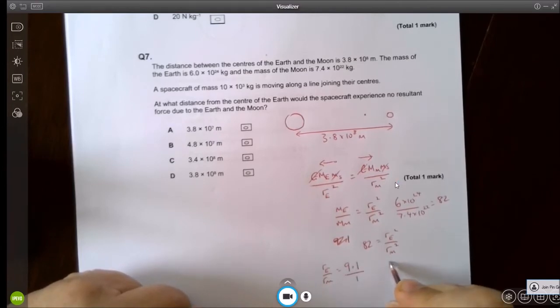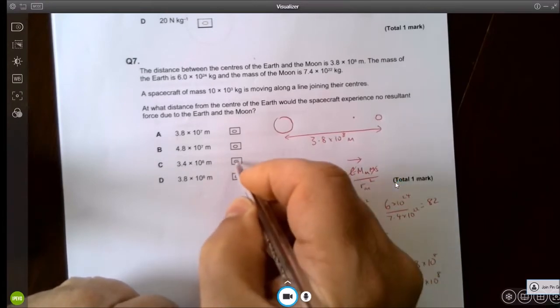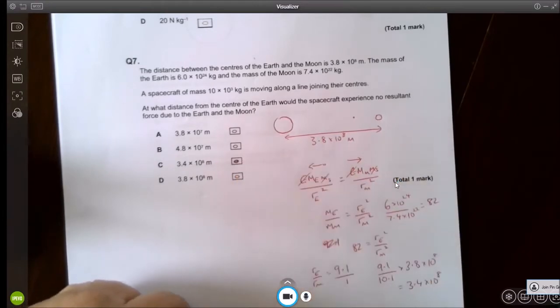That means that we're 9.1 10.1ths of the way through. So we're 9.1 over 10.1 times 3.8 times 10 to the 8, and that is 3.4 times 10 to the 8 meters. So quite a lot of work to do there to do that properly.